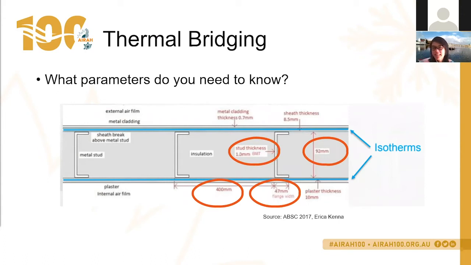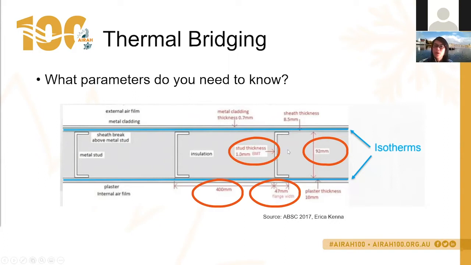So the ABCB has published a facade calculator for you, and this diagram is taken from Eric O'Kenna's presentation in the AIRAH Building Simulation Conference from 2017, but you can also see this in the New Zealand Standard 4214. The parameters that you need to know in order to use the facade calculator are, one, the spacing between your cavity, so that's 92 mils in this case.